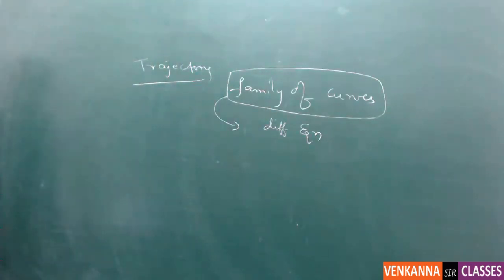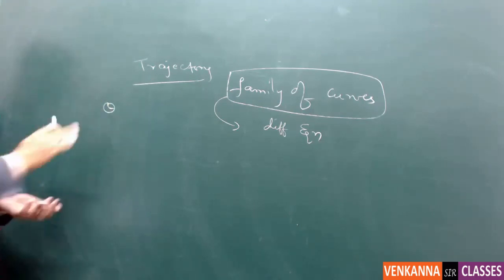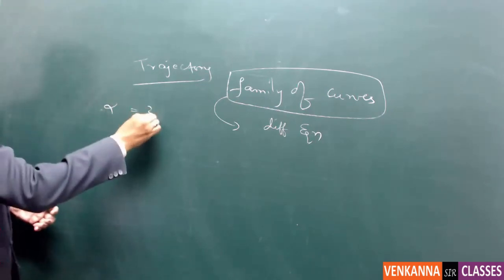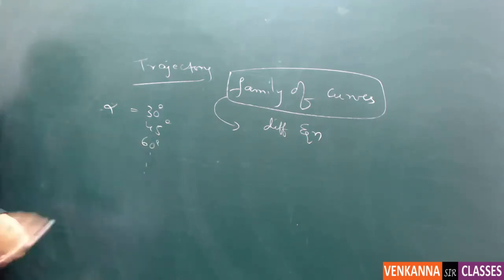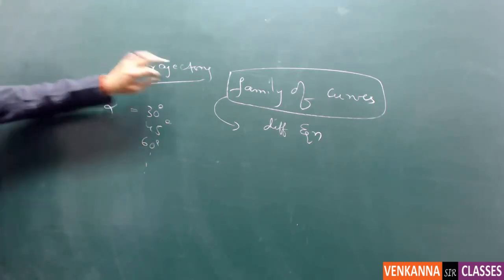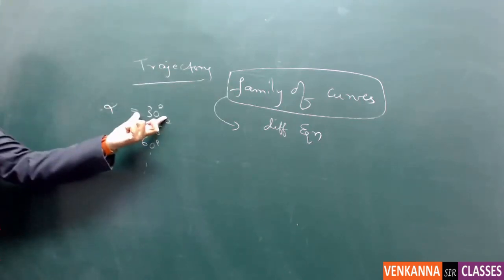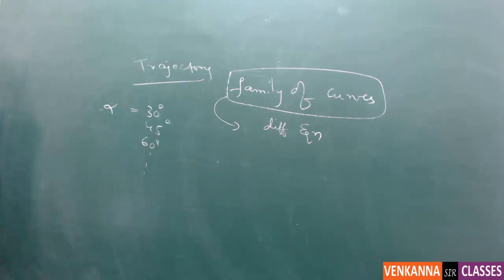Whenever the curve intersects, it makes an angle with the given family. If theta or alpha is the angle, by taking the respective angle 30 degrees, 45 degrees, 60 degrees, etc., we are going to find the trajectory which cuts the given family of curves at a particular angle. It is our objective in this concept.